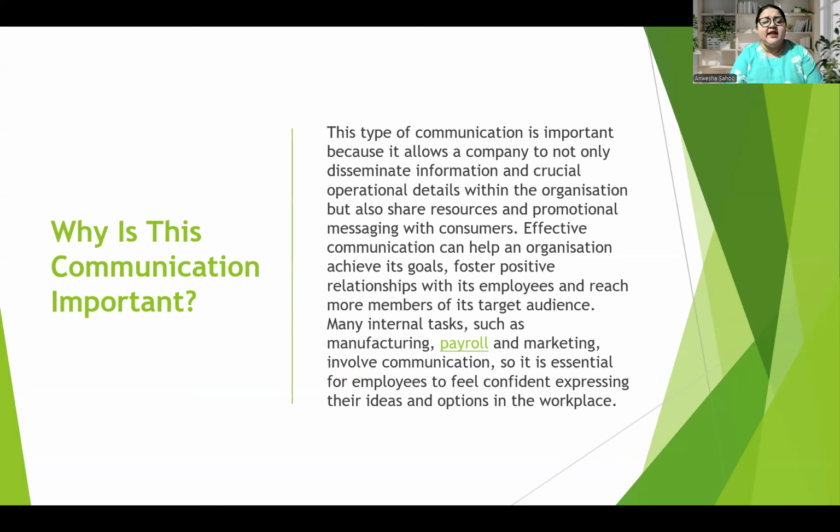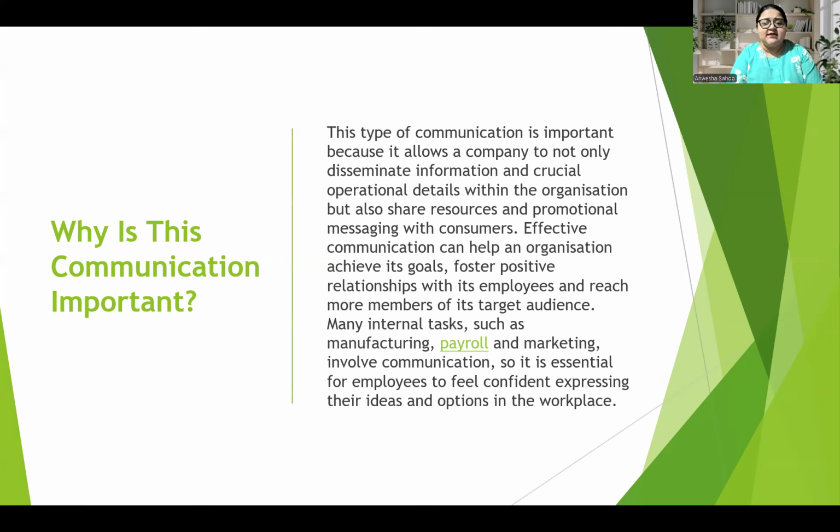Effective communication can help an organization achieve its goal, mission, vision, foster positive relationships with its employees, and reach more members of its target audience. So creating a positive environment, reaching out to consumers, all this is important for business communication.